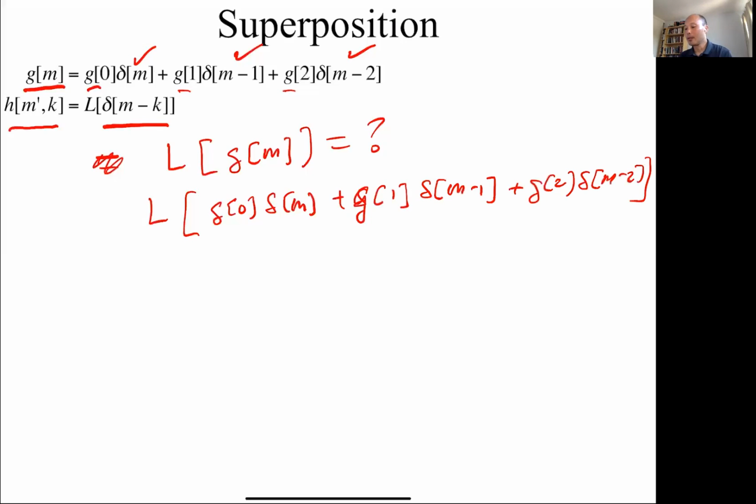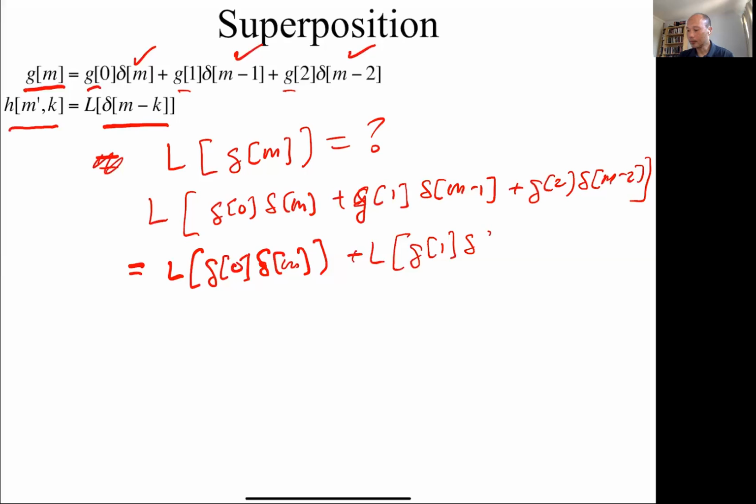Okay. So the first thing I'm going to do is apply additivity. Well, this is the response to lots of sums. And so by additivity, I should be able to write that as the summation of the responses to the individual components, and so on and so forth.